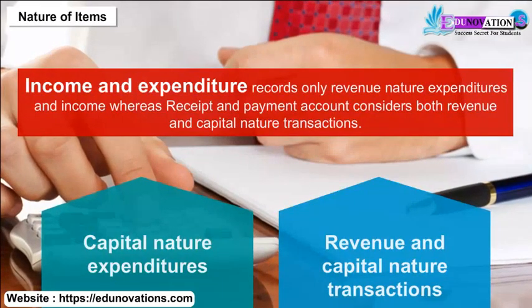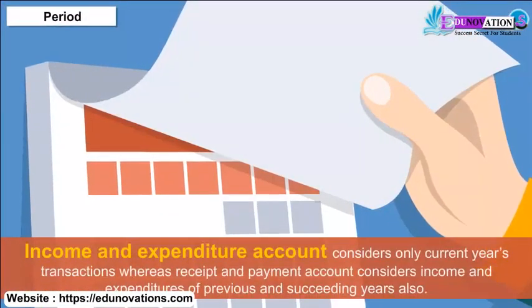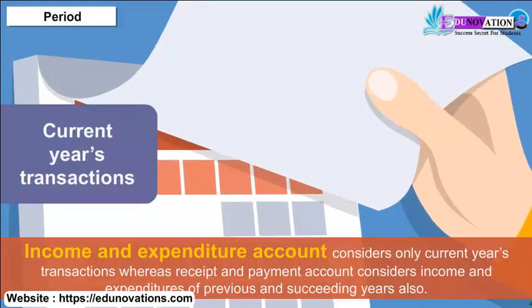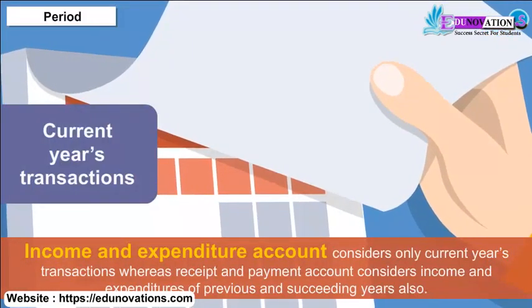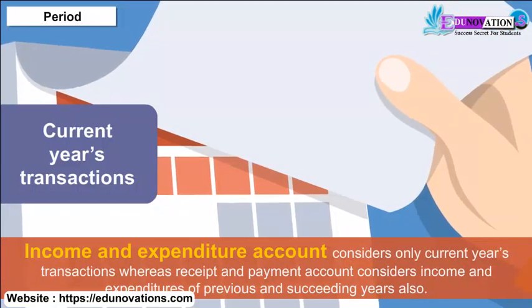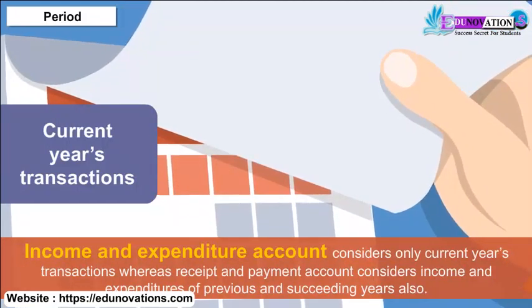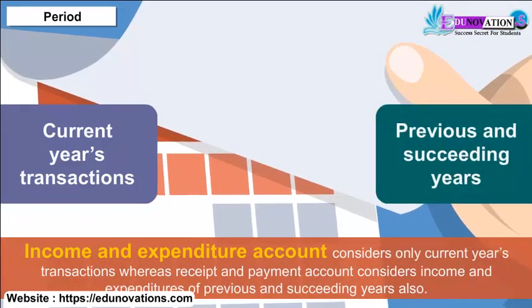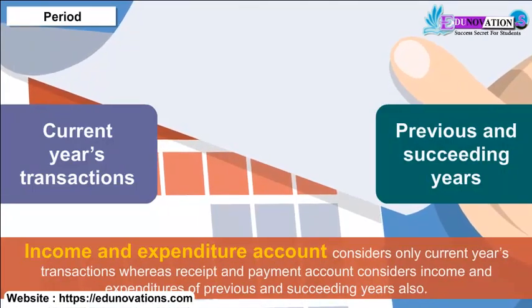Period. Income and expenditure account considers only current year's transactions, whereas receipt and payment account considers income and expenditures of previous and succeeding years also. Debit side.